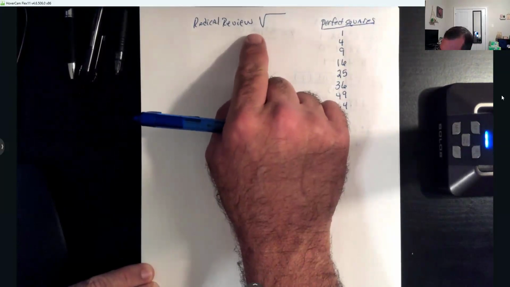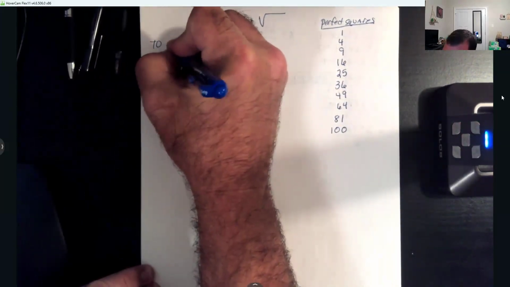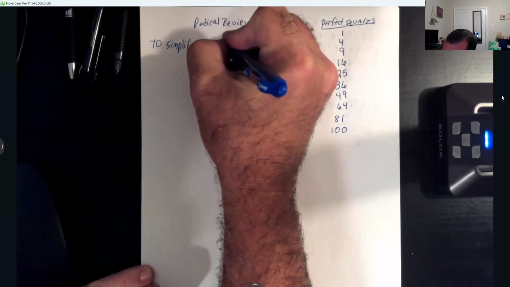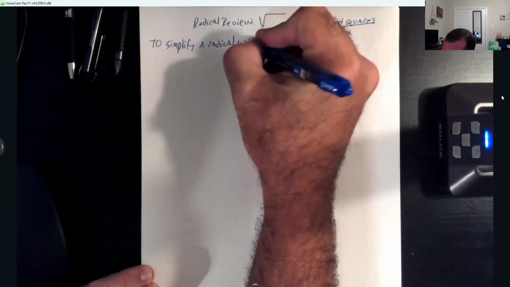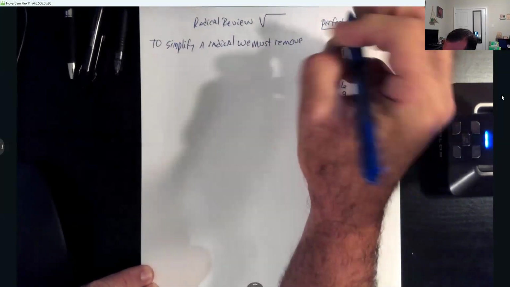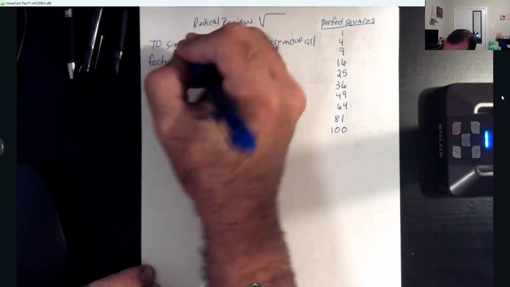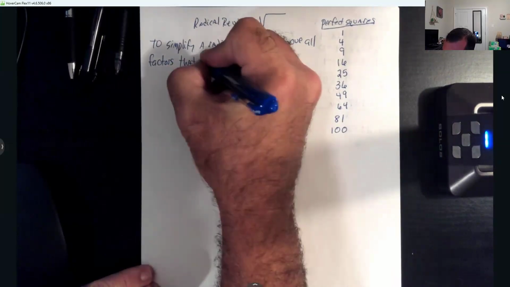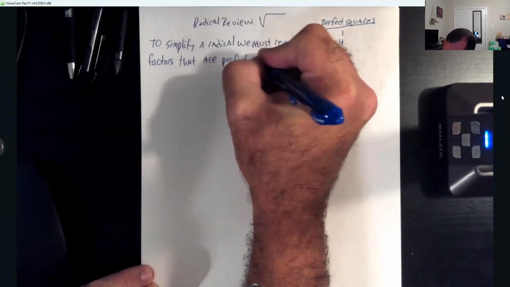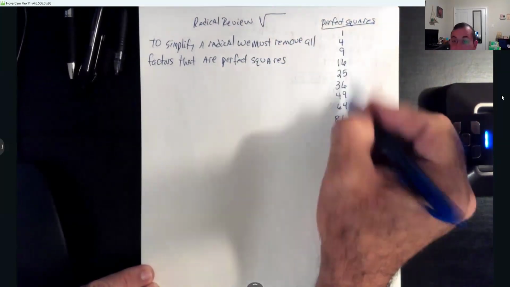So here's the thing. To simplify a radical, we must remove all factors that are perfect squares. Well, our perfect squares are sitting over here.